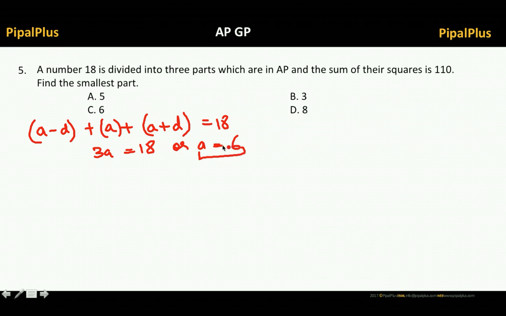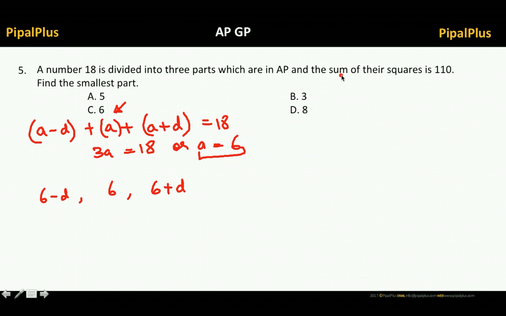Now please note that what we have found really is the middle term. This time A is not the first term of this series, but A is this time the second term of this series. Okay, so the three numbers are going to be 6 minus D, 6, and 6 plus D.